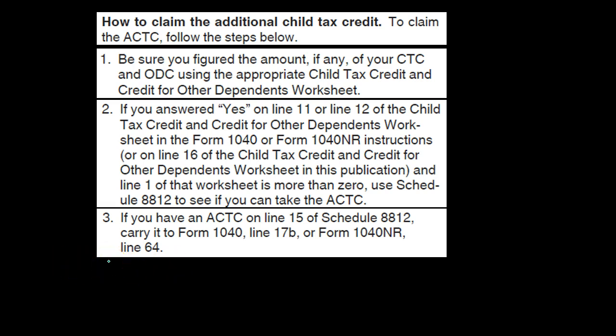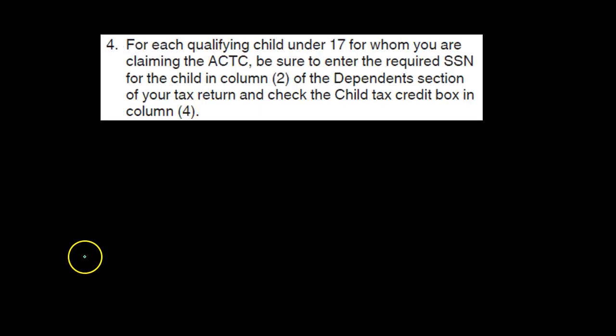In other words, we'll calculate the additional child tax credit on the Schedule 8812, and any credit there will carry forward to the Form 1040, which will then help us to calculate the actual refund or amount due at that point in time, probably a refund if we're filling out the additional child tax credit, or an amount that we're going to get back, even if we didn't pay money in. So we'll take a look at those forms in future examples.